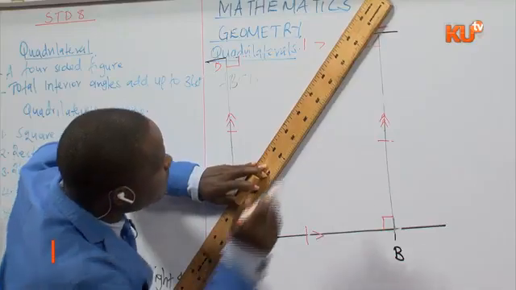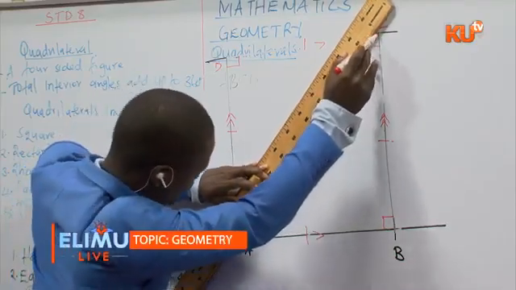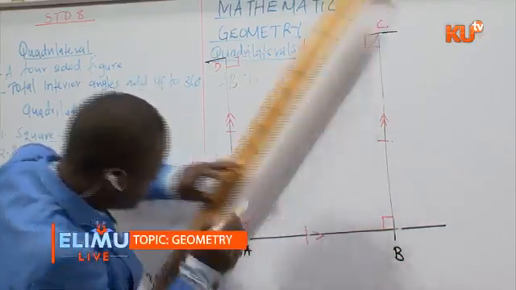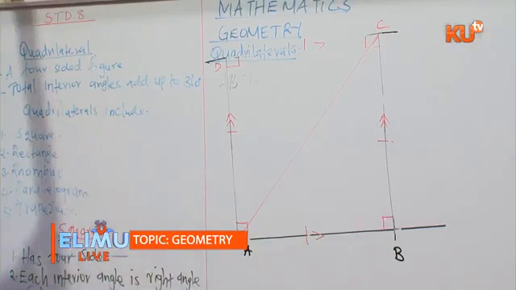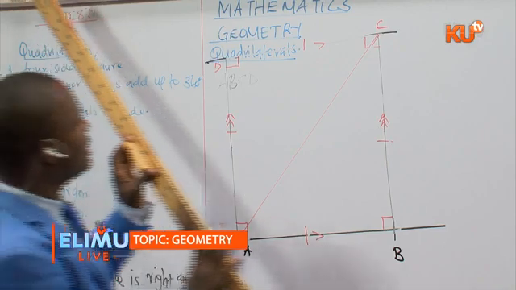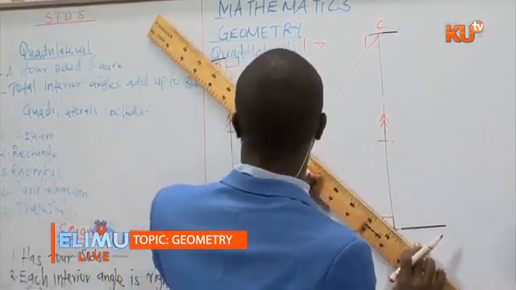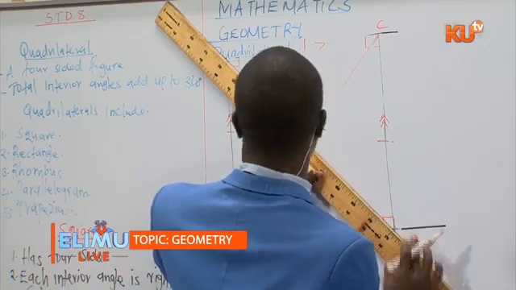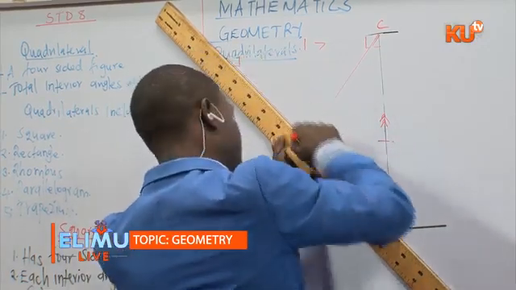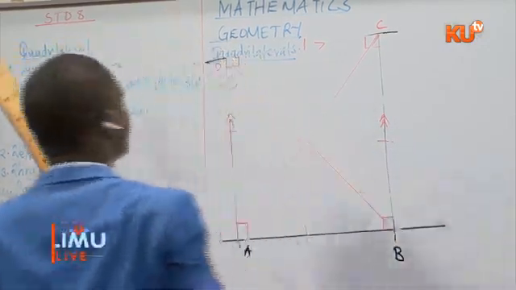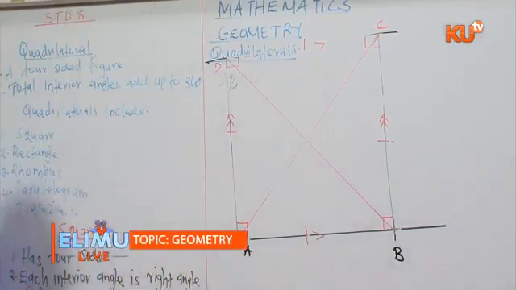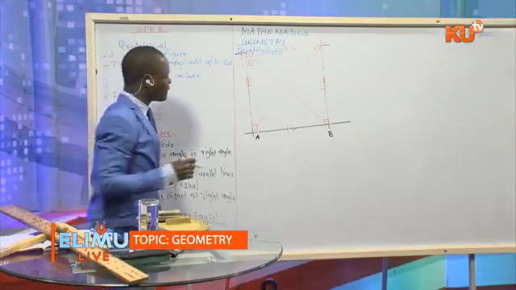So you make sure that it passes through the points. So that is a diagonal. Line AC is one of the diagonals, and we also join line BD, or these 2 points, like that.